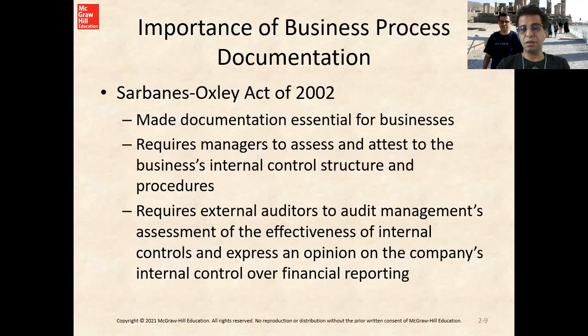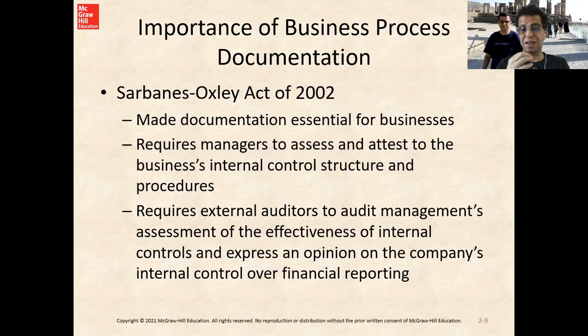Now, the Sarbanes-Oxley Act of 2002. There is a Canadian one, I think called C-SOX. Sarbanes-Oxley is American, but the Canadian one is also similar to it. It made documentation essential for business in 2002. It requires managers to assess and attest to the business's internal control structures and procedures.